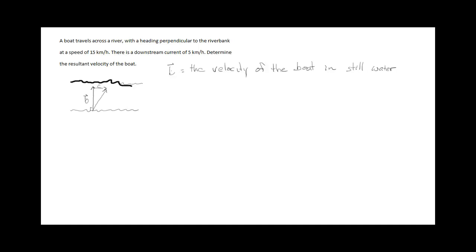This one here, the current, I'm going to let be c. So c, which is a vector, will be the velocity of the current.